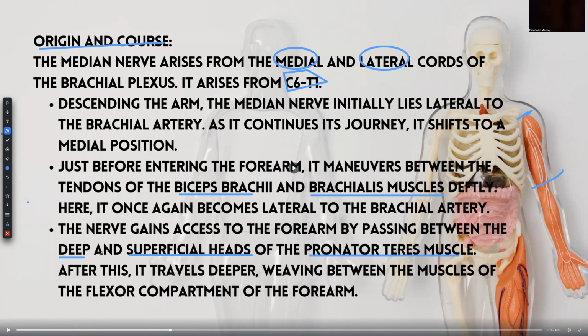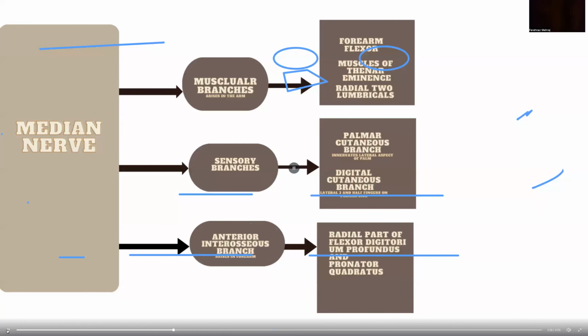The median nerve passes between these two heads to enter the forearm. After this, it travels deeper and weaves between the muscles, and it supplies most of the muscles of the flexor compartment of the forearm. So that's all about the origin and course.